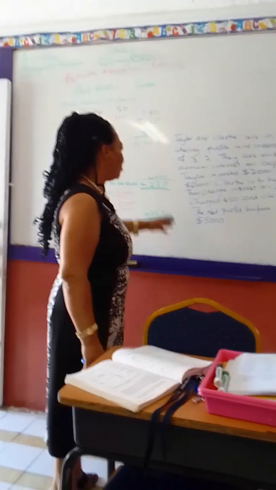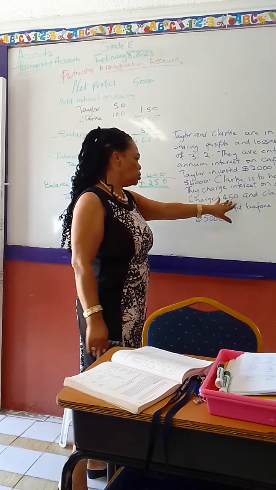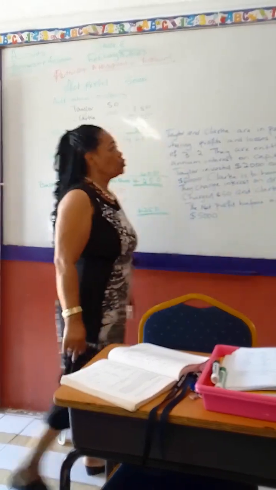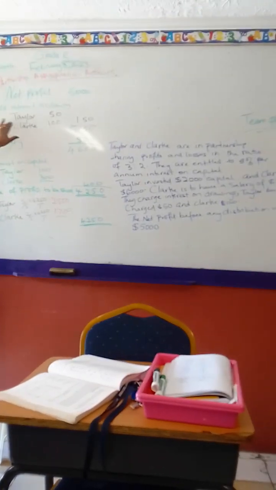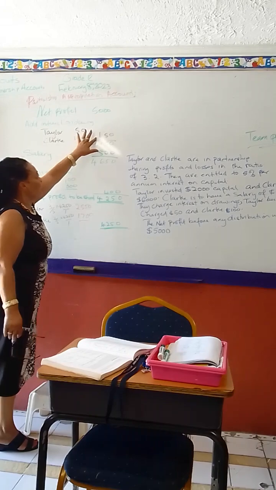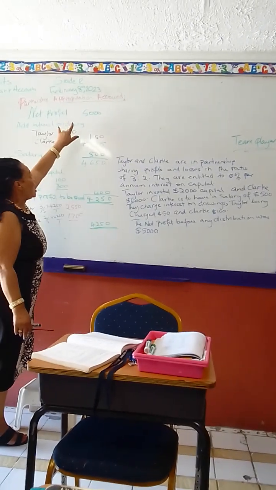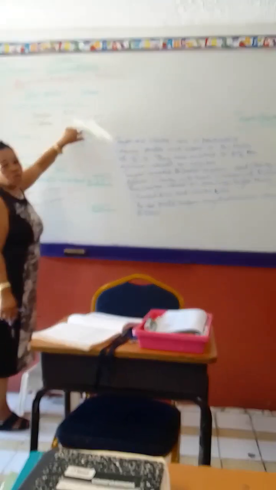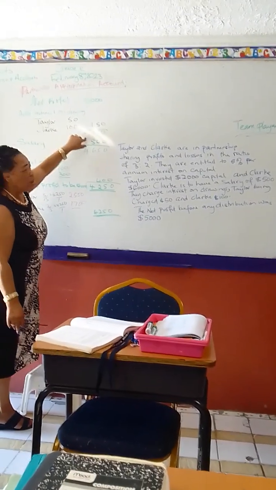And right here in the problem they told me that Taylor was being charged $50 and Clark was being charged $100. So I go Taylor 50, Clark 100. That's a total of $150. I add 150 to the 5,000, hence my $5,150.